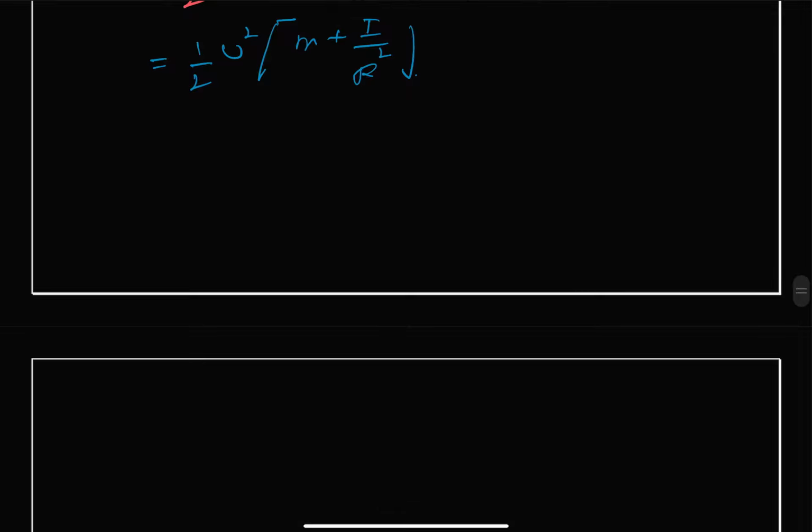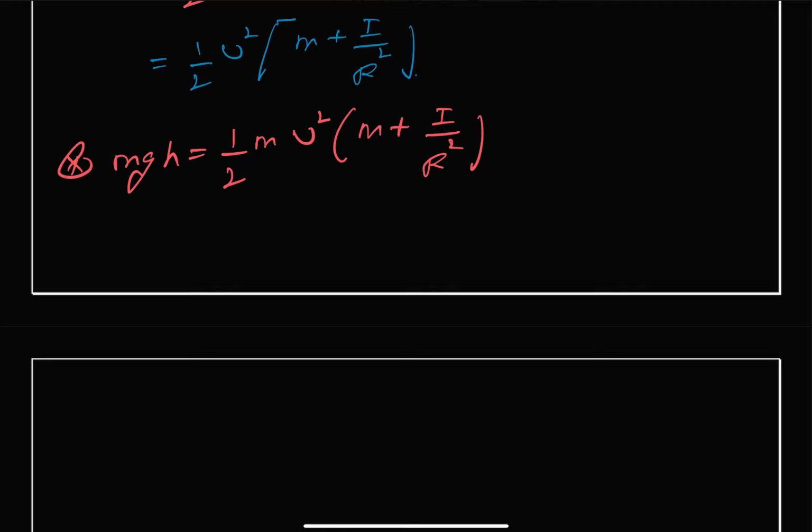Now by energy conservation, mgh is equal to half v square (m plus I upon r square). So from here we get that v square is equal to 2gh divided by (1 plus I upon mr square).